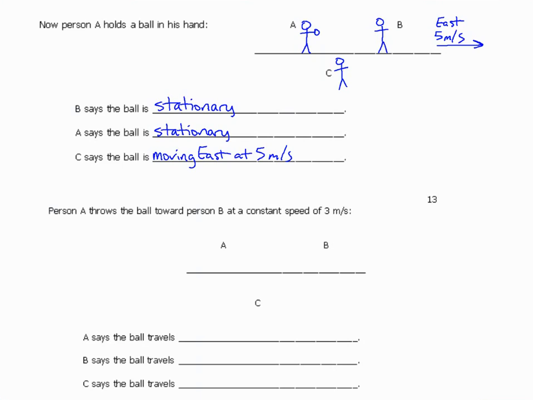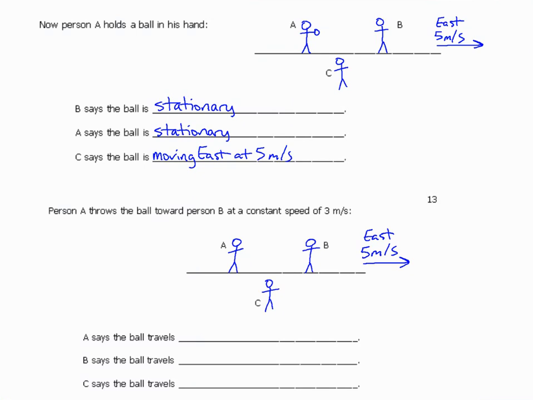Now at the top of page 13, we still have 3 people. There's person A, there's person B, and here's person C. A and B are on the same train. They are still moving east at 5 meters per second.